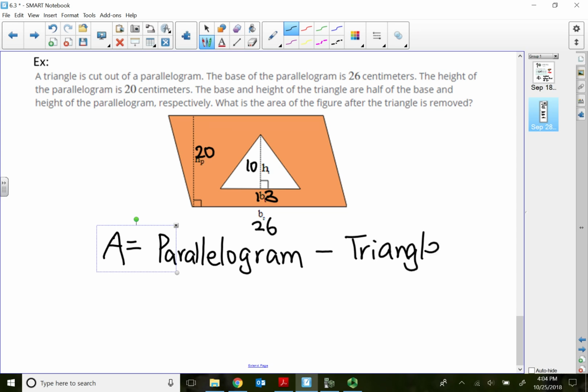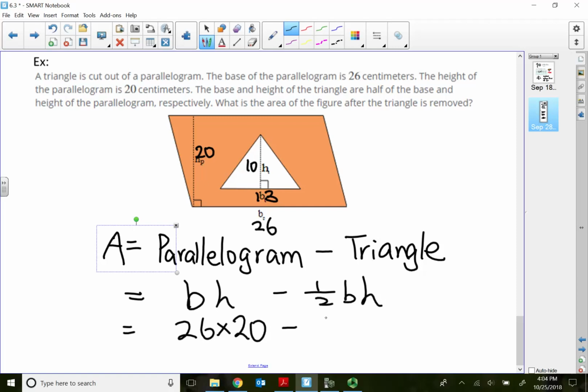If you look at the formula sheets, the area of a parallelogram is always base times height, minus a triangle, which is half times base times height. So that would be 26 times 20 minus half, 0.5, times the base of the triangle, 13, times 10.